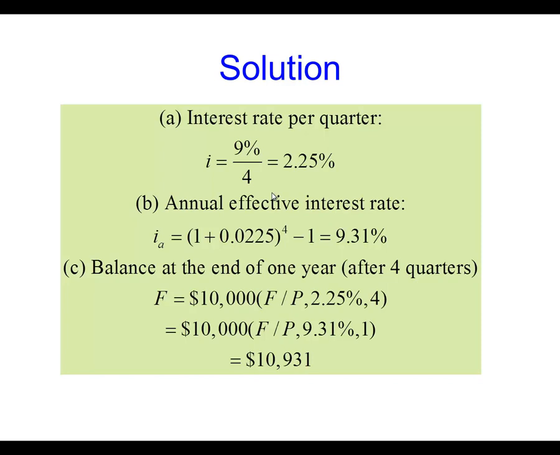Back to our formula. To calculate the balance at the end of 1 year after 4 quarters, that will equal 10,000 multiplied by the factor, which is F given P with 2.25% and 4 periods, and that will equal $10,931.